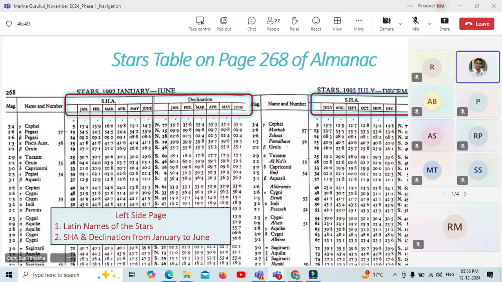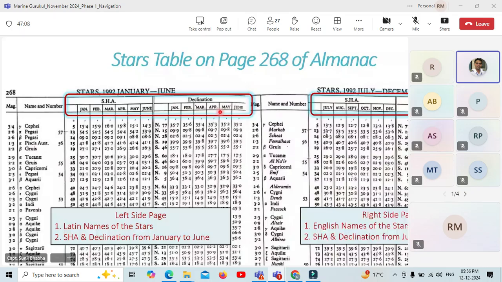Now the left side page of the table gives us the Latin names of the stars, along with the SHA and declination from January to June. Whereas the right side page gives us the English names of the same stars.